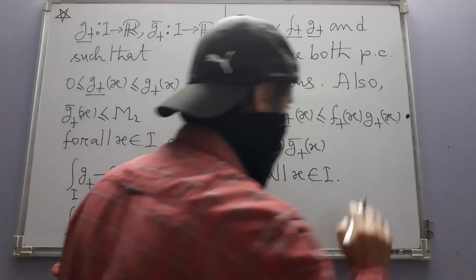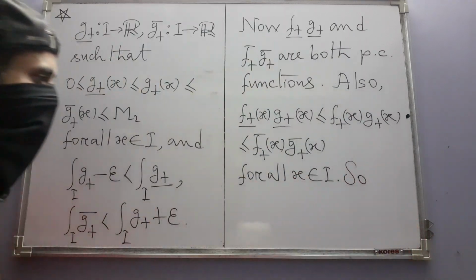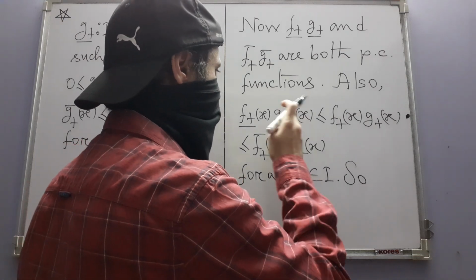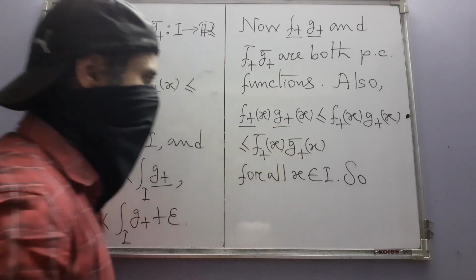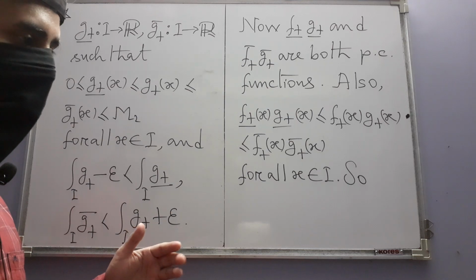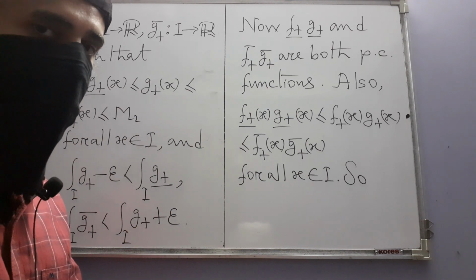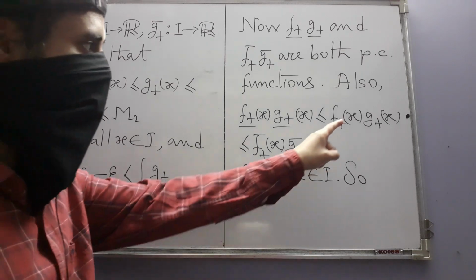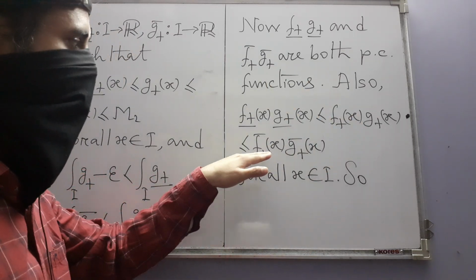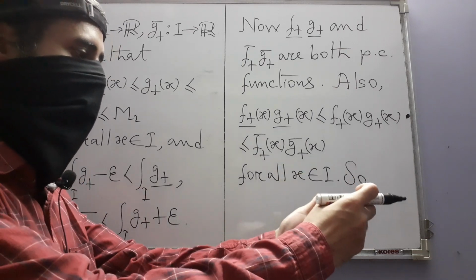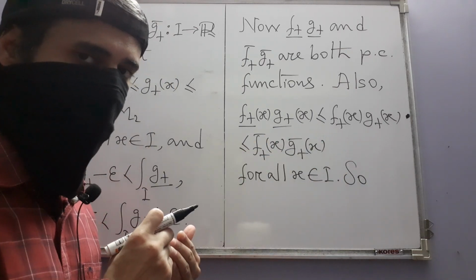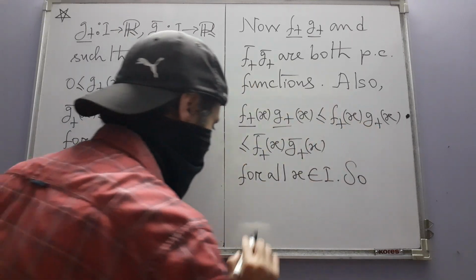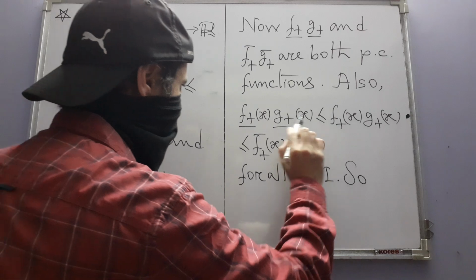So what can you then write? For all minorizing functions, the least upper bound of their integrals is by definition the lower Riemann integral of f plus g plus. And for all majorizing functions, the greatest lower bound of their integrals is the upper Riemann integral of f plus g plus. So, what will be the integral of this?